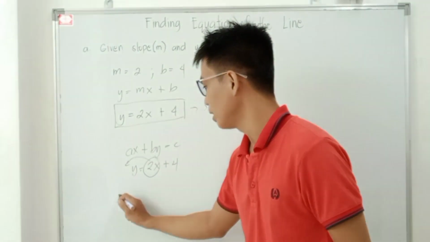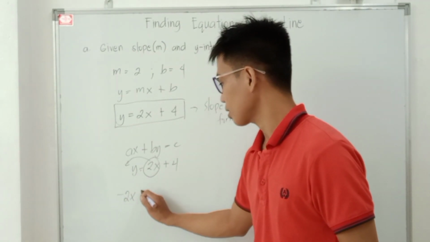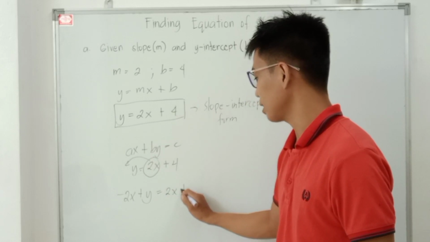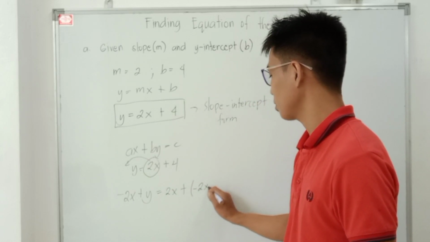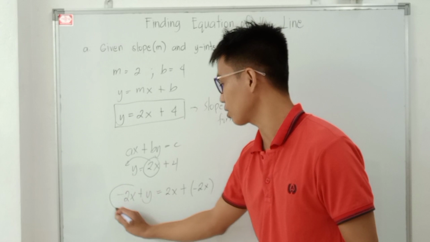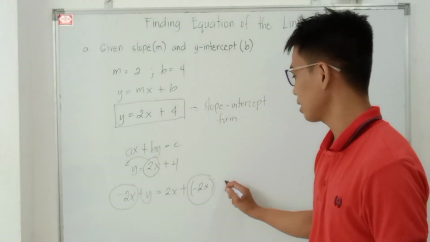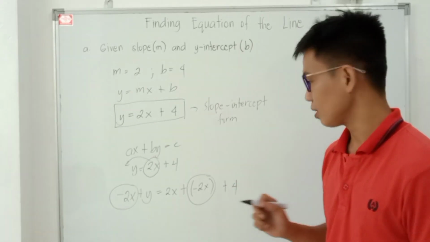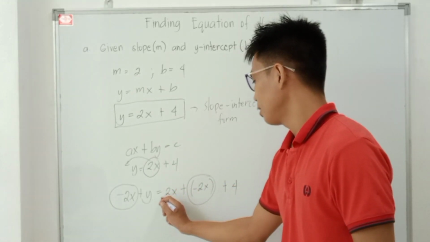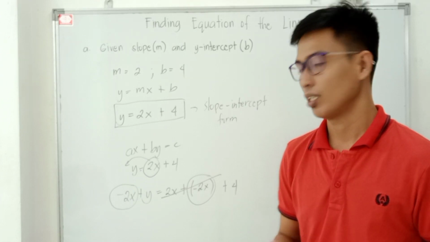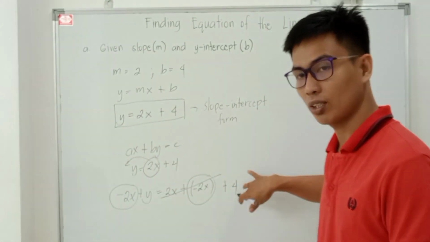So, it will become negative 2x plus y equals 2x plus negative 2x. So, yung negative 2x dito sa isang side, meron din tayo dito sa kabilang side, plus 4. Then, magiging 0 na yung 2x since yun naman talaga yung kailangan natin ilipat. So, matatanggal na siya dito sa side na to.